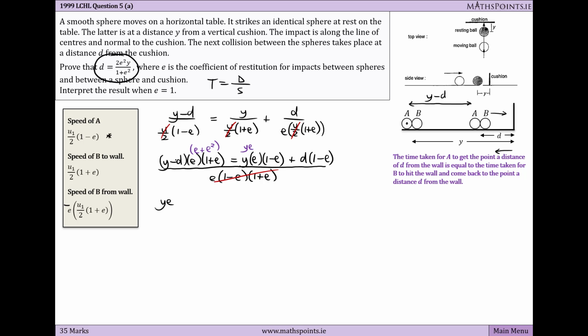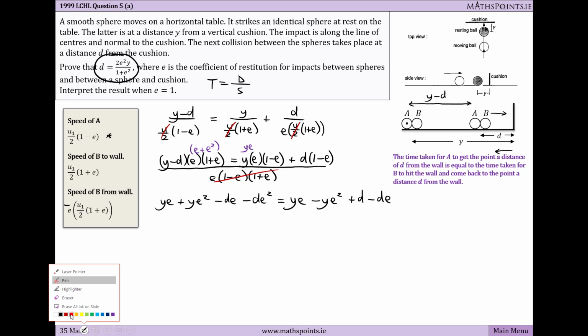We have y by e squared is ye squared. We have minus d by e, which is minus de, and minus d by e squared, which is minus de squared. And that's going to be equal to ye by 1, which is ye, y by minus e, which is minus ye squared, and then d by 1, which is d, and d by minus e, which is minus de.